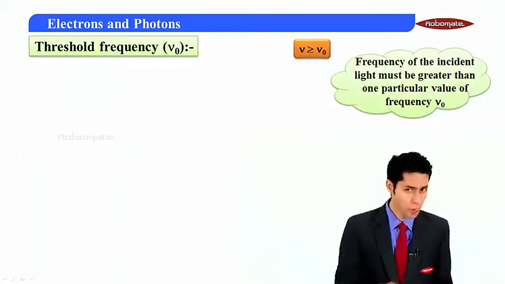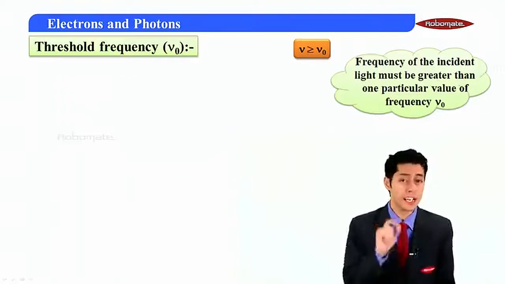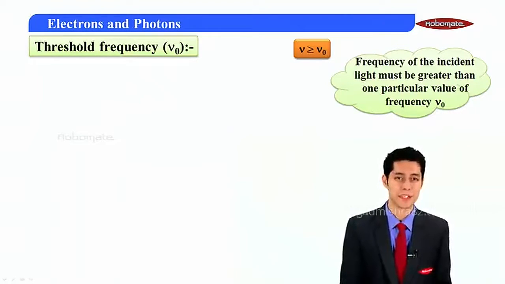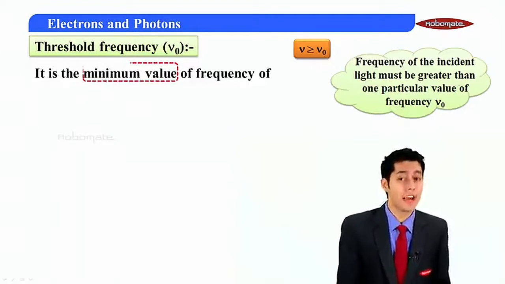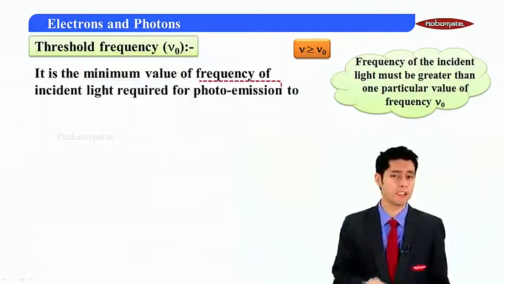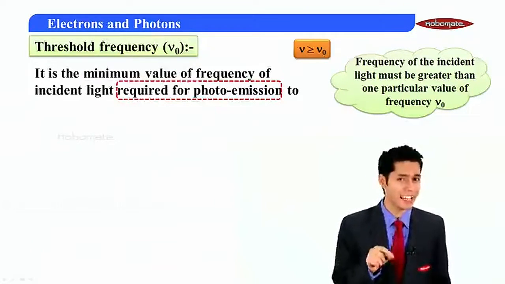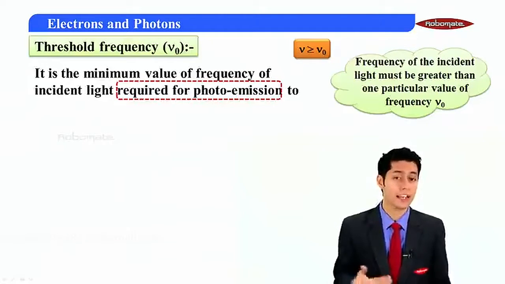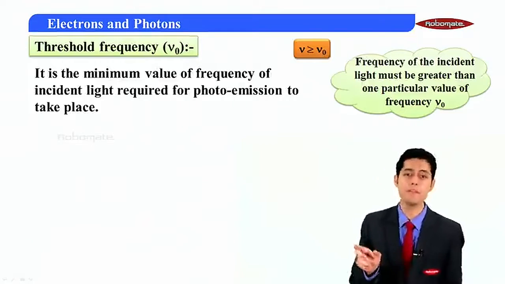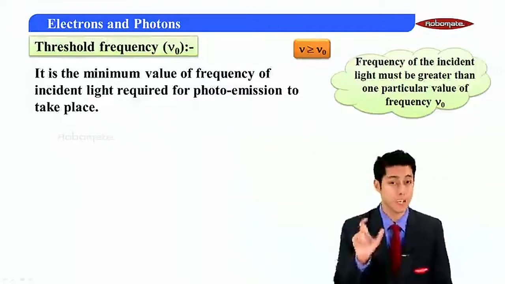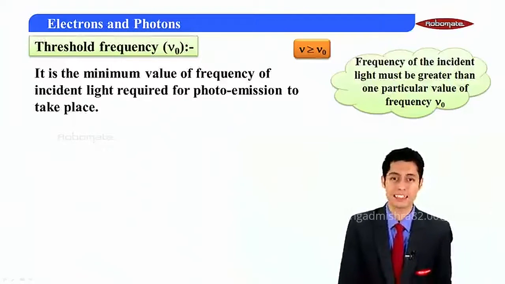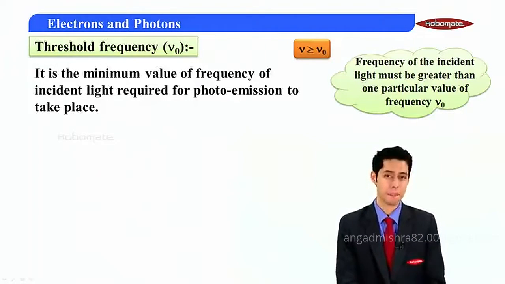But now in this module, I am telling you that nu naught is called as threshold frequency. So, how do I define threshold frequency? It is that minimum value of frequency of incident light for which photoelectric emission starts taking place. So that minimum value of frequency which is required for photo emission to take place is called as threshold frequency.